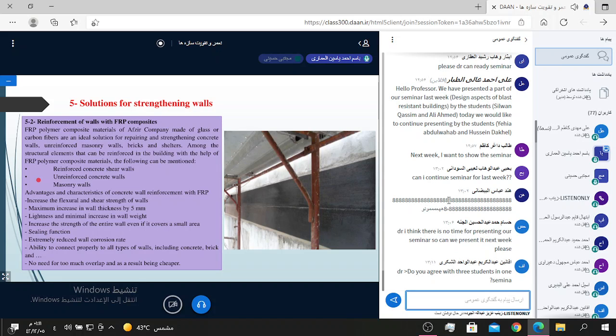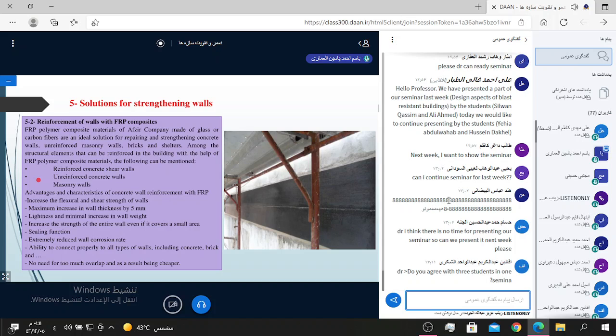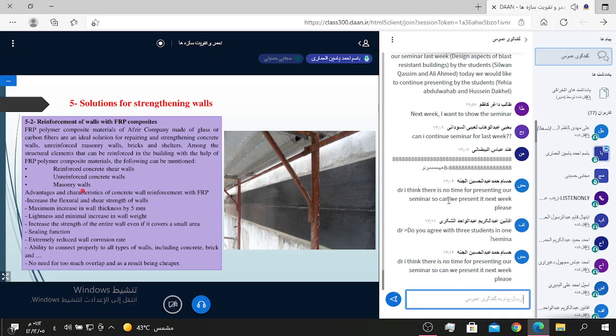Among the structural elements that can be reinforced in a building with the help of FRP materials, the following can be mentioned: reinforced concrete shear walls, concrete walls, masonry walls.